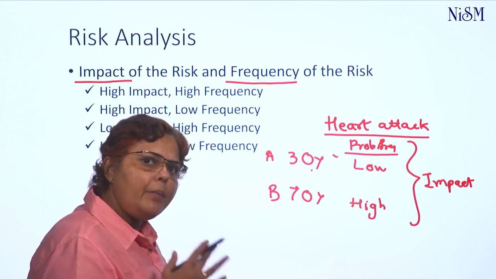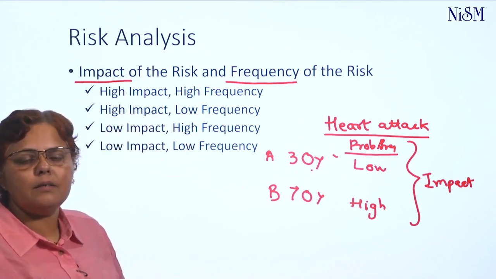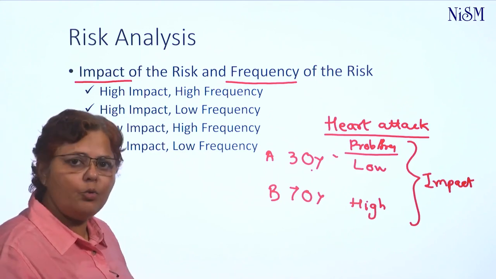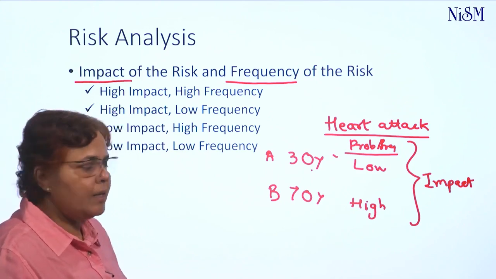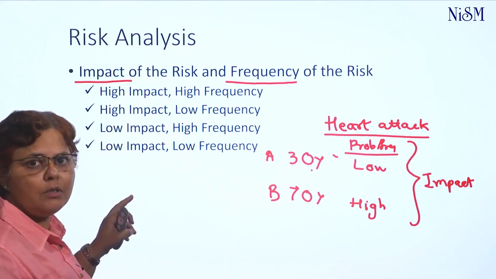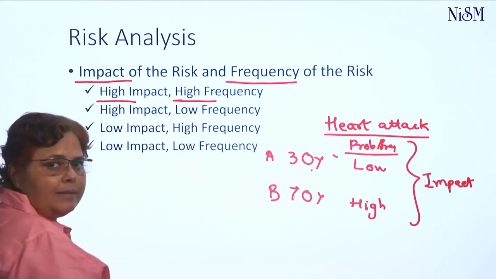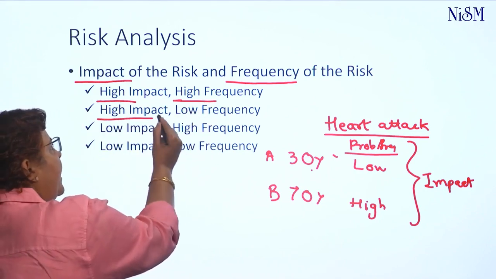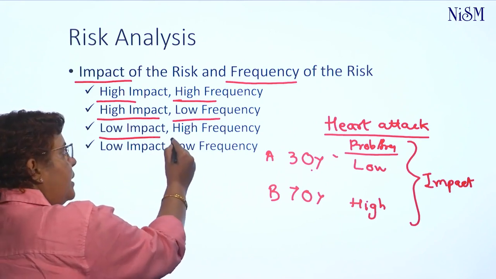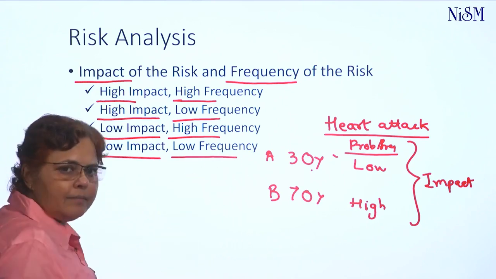So, any pure risk instance, or you can call it a risk incident, has to be classified into impact and frequency. So, we can have 4 different categories of such risks: high impact and high frequency, high impact but low frequency, low impact but high frequency, and low impact and low frequency.